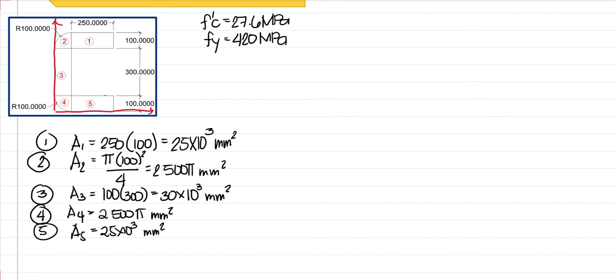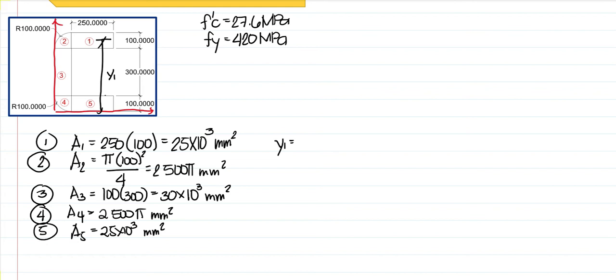So, yan ngayon yung mga areas natin. Ngayon, ang hahanapin na natin is yung distances ng centroids niya from the bottom. So, kunin natin yung y1. So, ang centroid niyan kasi is nasa gitna, then papunta tayo dun sa baba. So, that will be y sub 1.